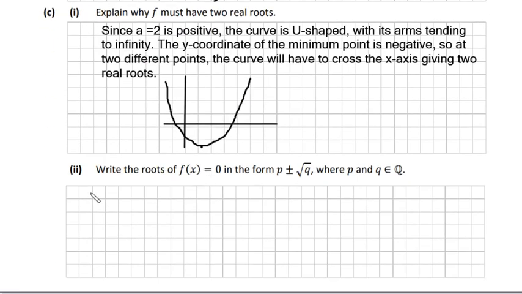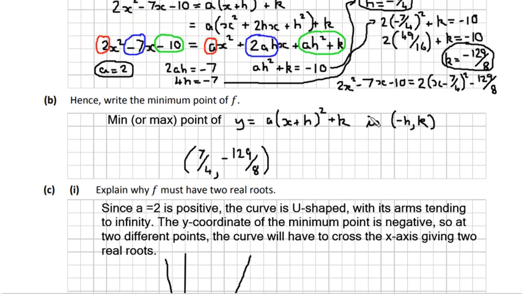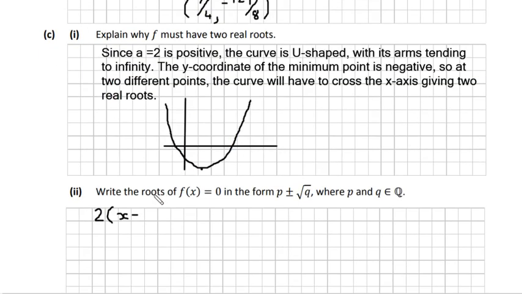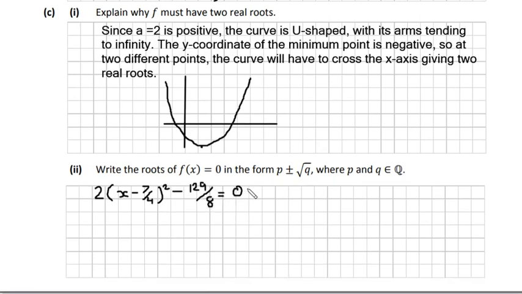So in completed square form, it was 2 by x minus 7/4, all squared, minus 129/8. So we're going to let that equal 0. I'm going to solve it now for x, for the roots. So first thing to do is bring this term over.